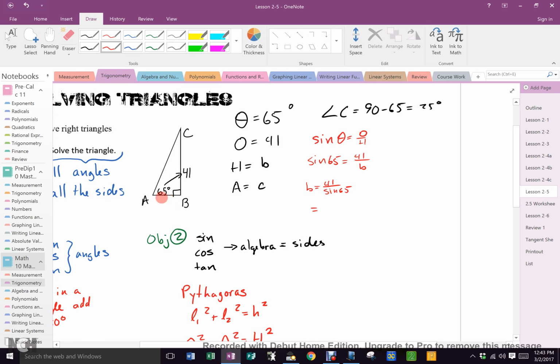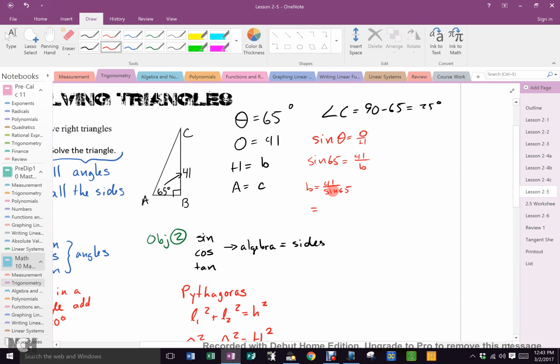Could you use tan to find this side? Yes, because you have an O. Could you use Pythagoras to find this side? Yes, because you have two sides. Who's right? All of them. Who chooses? You do.